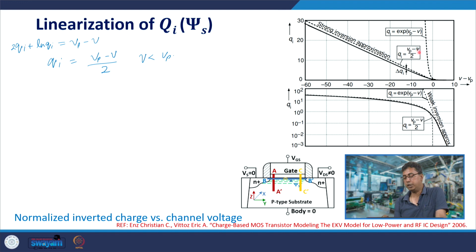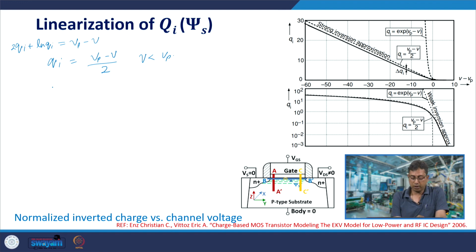So, this region. So, here you have V smaller than Vp, and you have this strong inversion approximation being followed, and it is almost a linear function of Qi with respect to V. And wherever the value of V for which 2 Qi plus natural logarithm of Qi becomes 0 is a good separation between the two regions.